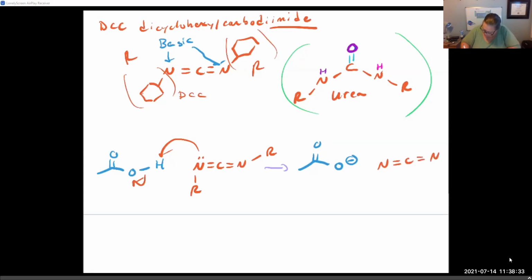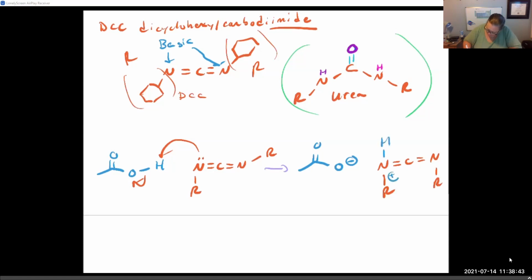Pardon my bond angles, I'm running out of room here. So now we have this. This carbon right here is electrophilic, very electrophilic.